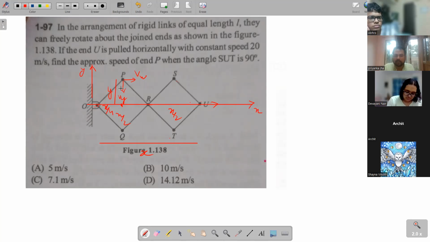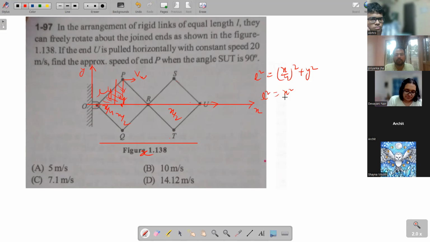Now apply the Pythagoras theorem in this triangle. This distance is L. So L square can be written as x by 4 whole square plus y square. Wait, one point, otherwise you will get confused.